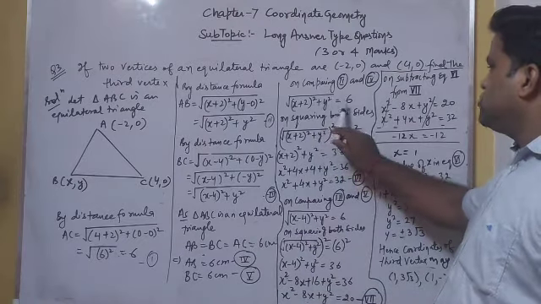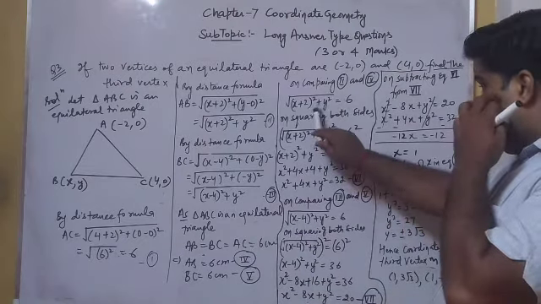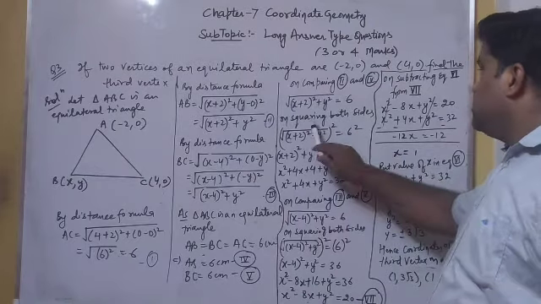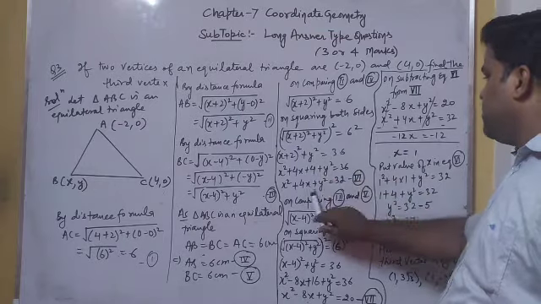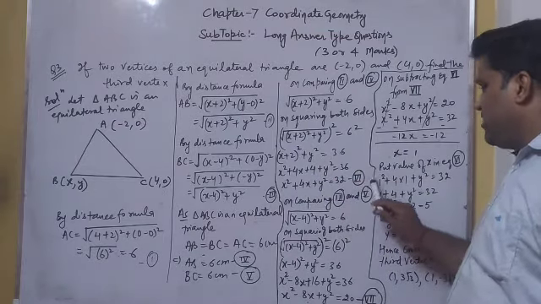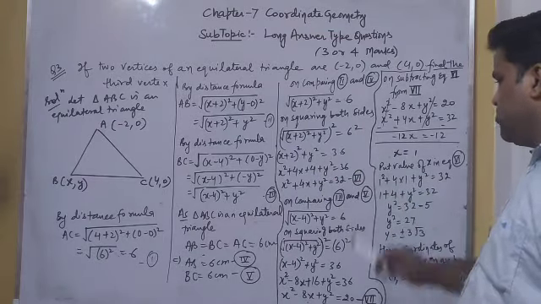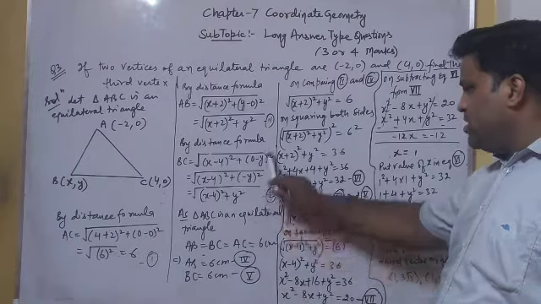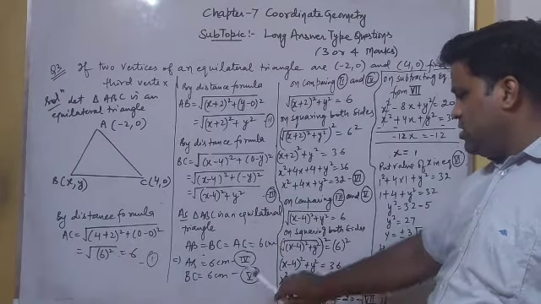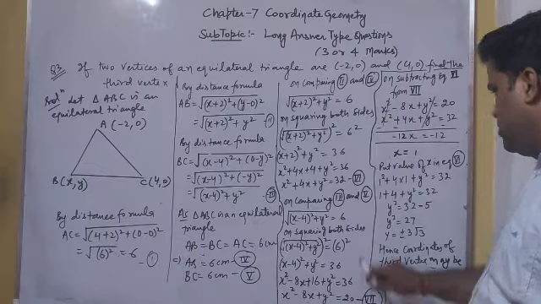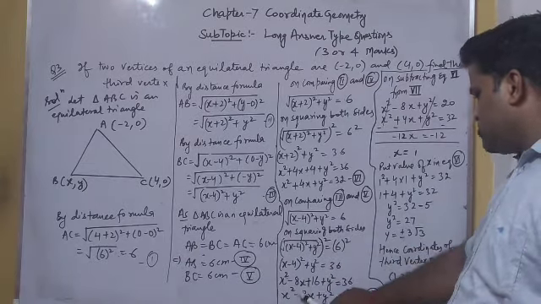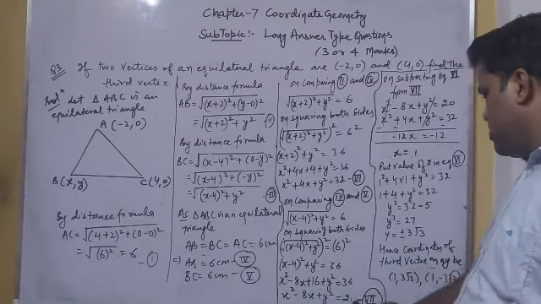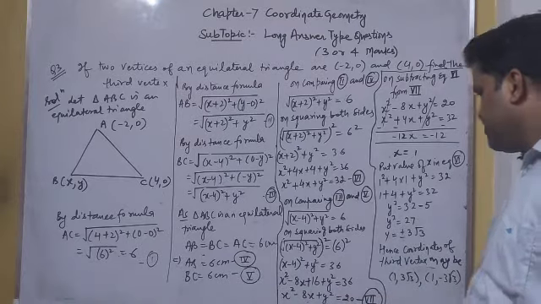To remove the square roots on the LHS, we square both sides and get that equation. On solving, finally we get this equation, and we consider it as the sixth equation. Similarly, on comparing the third and fifth equations and squaring both sides, after solving we get the seventh equation.